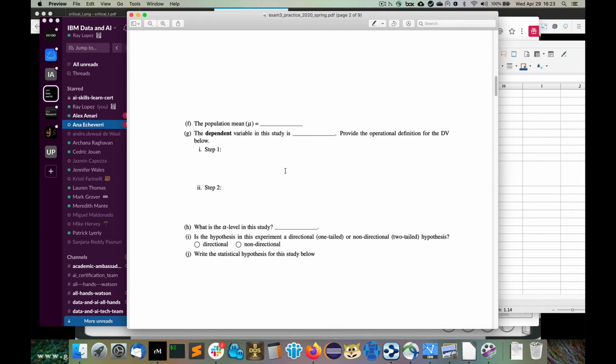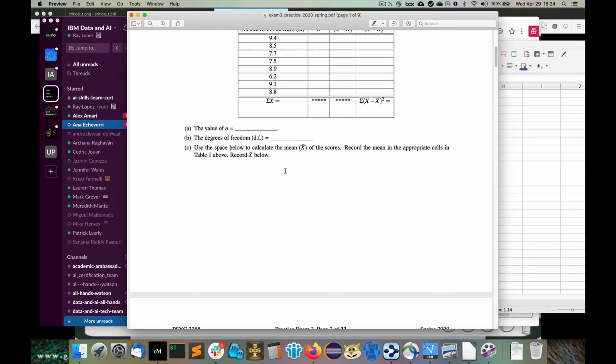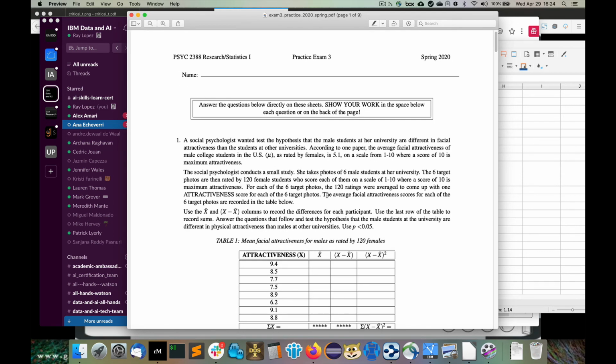Now the next is the dependent variable. The dependent variable is, of course, the name of the thing that we're manipulating, not the score, not the actual things we're counting, but the concept that we're manipulating. And if we go back up to the problem, we go and look to see the average facial attractiveness scores for each of the 8 target photos recorded below.